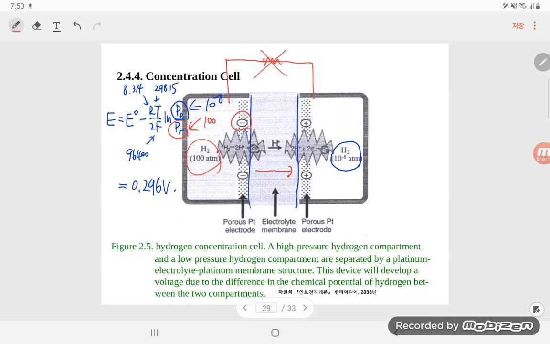There is a minus charge here, and the moved protons accumulate on the right side electrode, a plus charge.